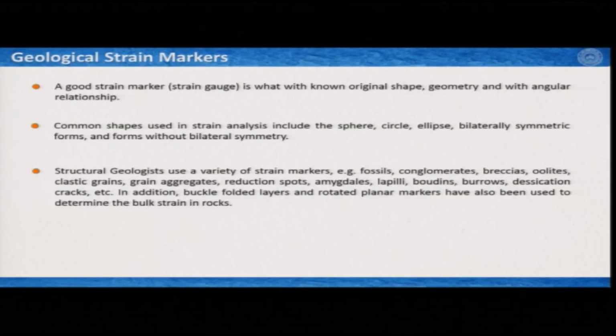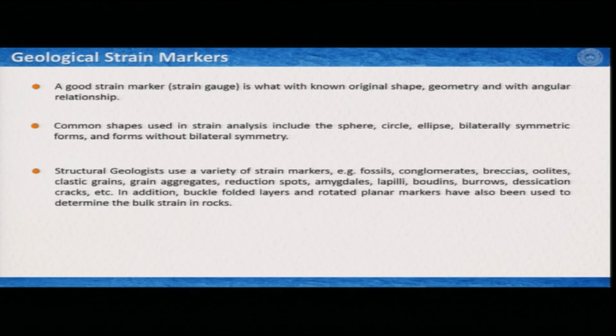So you need to know the geometry and some sort of angular relationships of the object you are looking at, which was initially in a different shape, and therefore you can figure out that your rock is deformed.